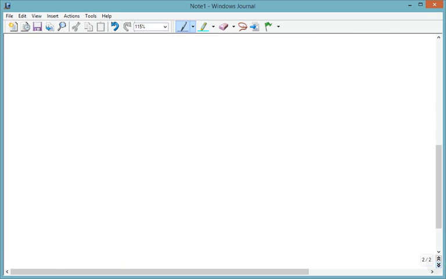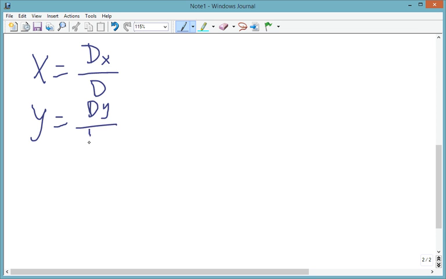And basically, here's what we know, that when we're solving for x, that's equal to D sub x over D. Y is equal to D sub y over D. And z is equal to D sub z over D. And this would be true even if we had more variables.